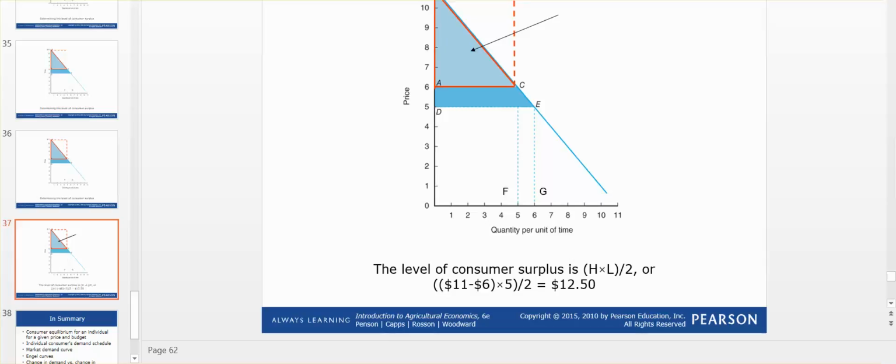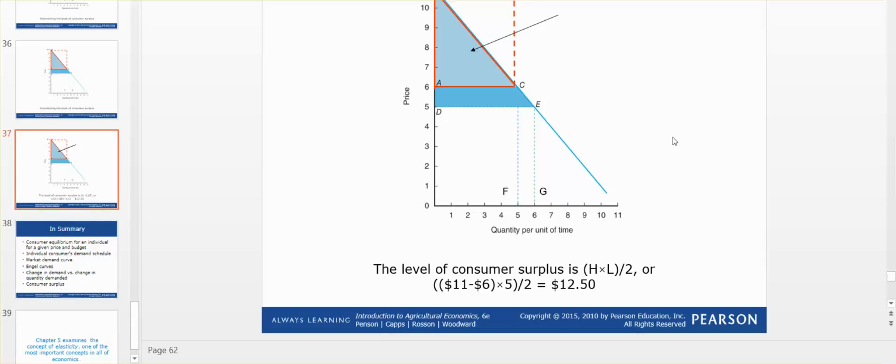So the height will be 11 minus 6, or 5. And then the length is the quantity of 5. So 5 times 5 gives you 25, divided by 2. So the surplus is $12.50.